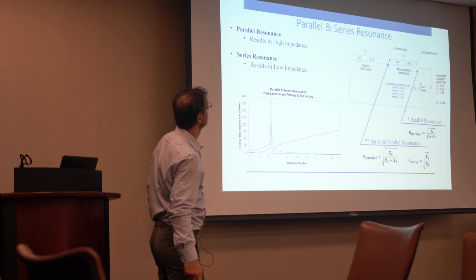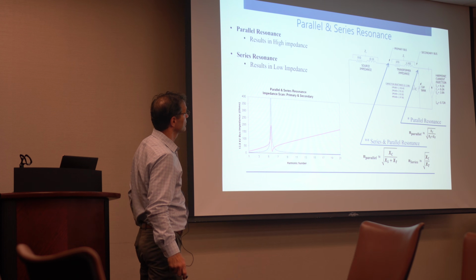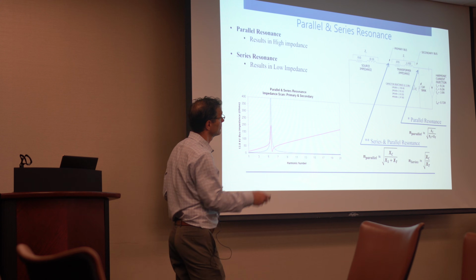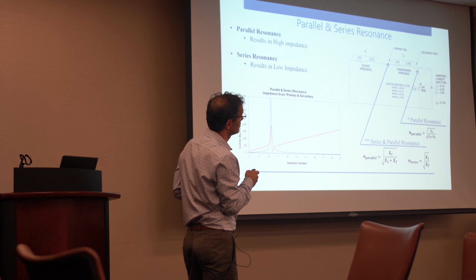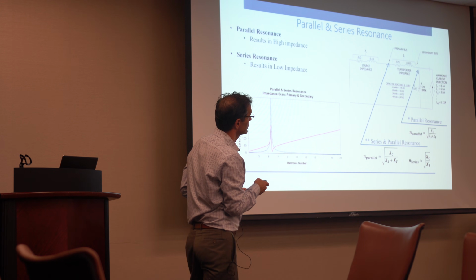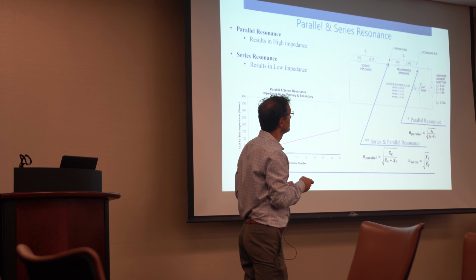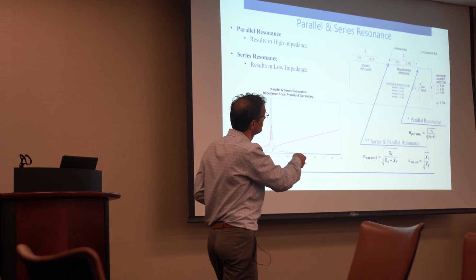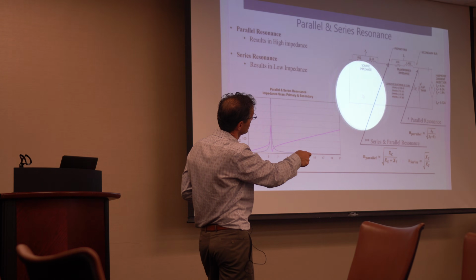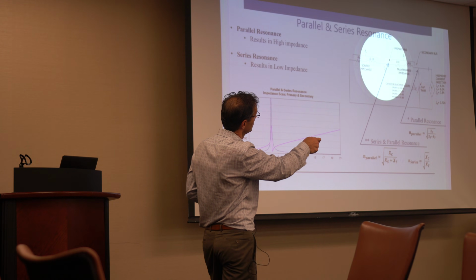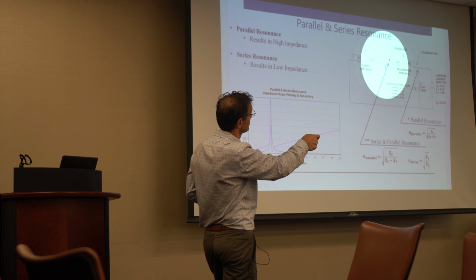Okay, so we're on to parallel and series resonance. I've got the same exact network, and if you stand at this point and look into the network, you have both a series and a parallel resonance.